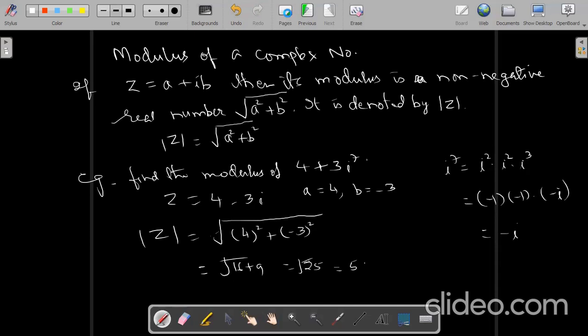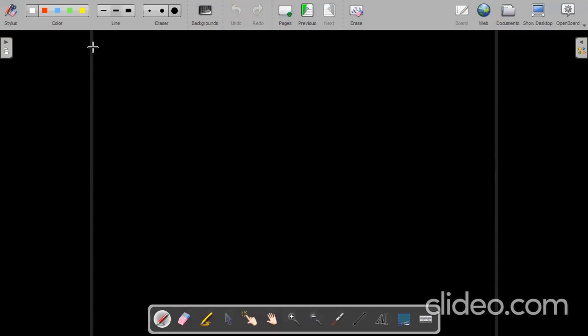Now, one more thing that we have in our course. In the starting, I told you if z is a complex number a plus iota b, we can represent it as an ordered pair, correct? Ordered pair a and b, where the first coordinate is the x coordinate.